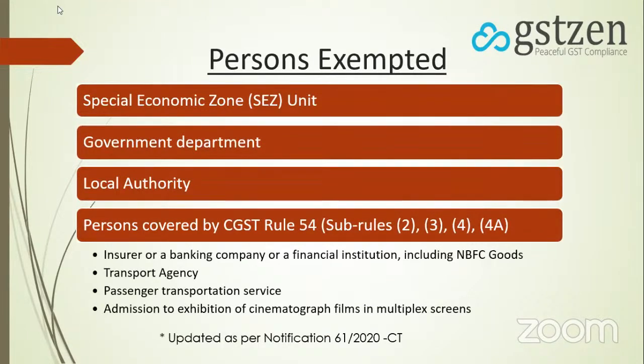So let's talk about who has to generate e-invoices and who has been exempted. Any taxpayer who has crossed the turnover of 5 crore for the PAN has to generate e-invoices, but there are some exceptions. The persons who are exempted are an SEZ unit, a government department, a local authority, and persons covered by CGST Rule 54, which include an insurer, a banking company or a financial institution, including NBFC, and a transport agency.